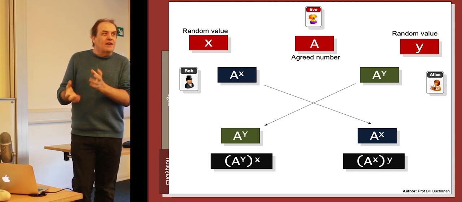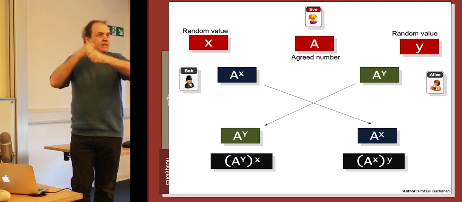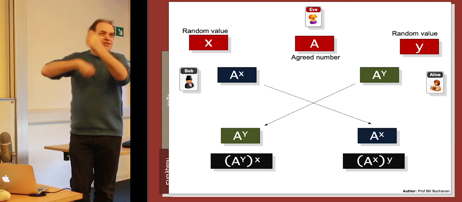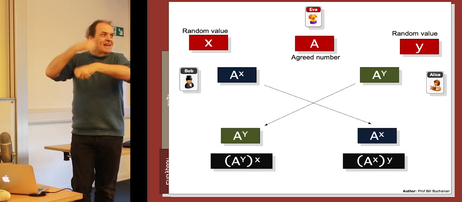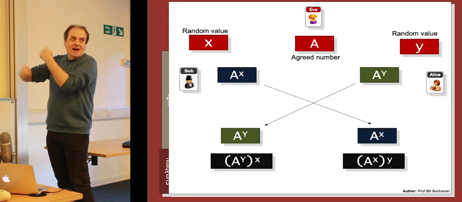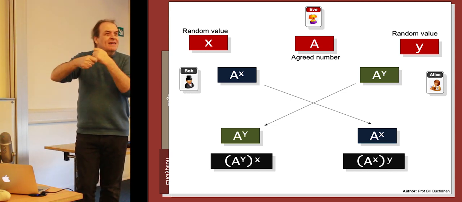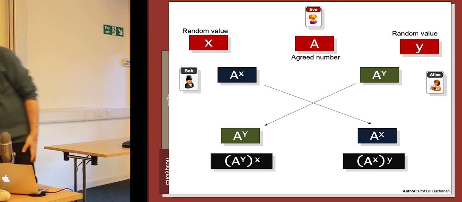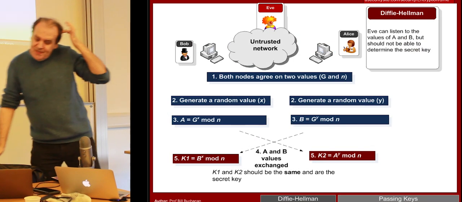If we are using the same g and prime number, she'll get a big computer to pre-compute as much as she can, and then she might be lucky and pick a value of x and y that she's already pre-computed. She has a lookup table and can actually crack the tunnel. It did happen, and it caused a lot of problems.